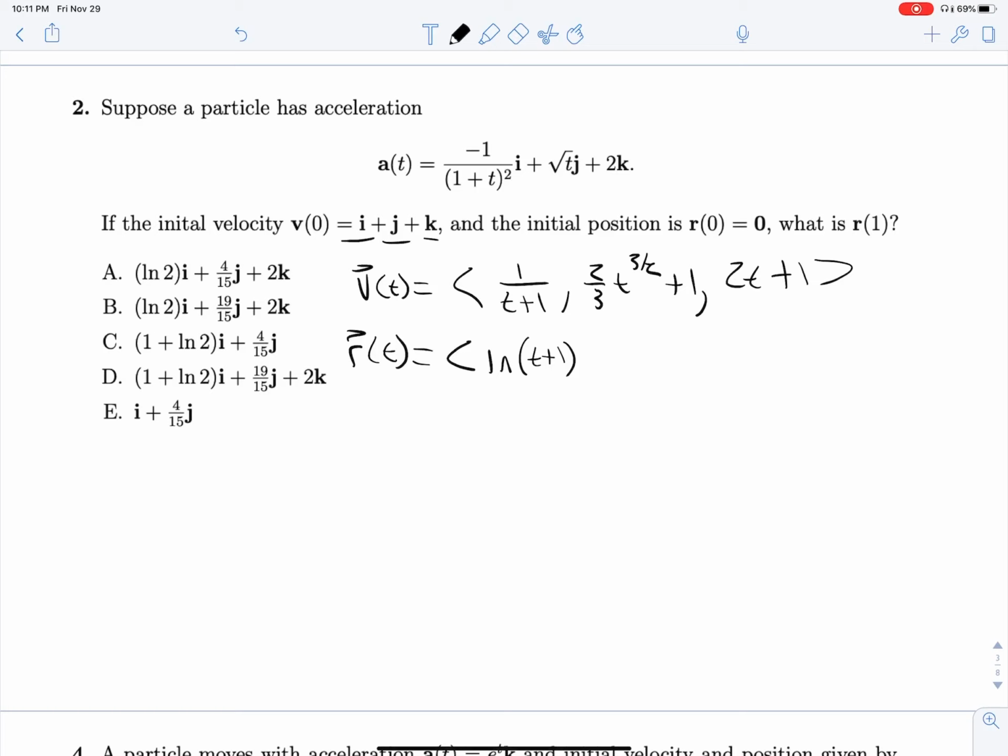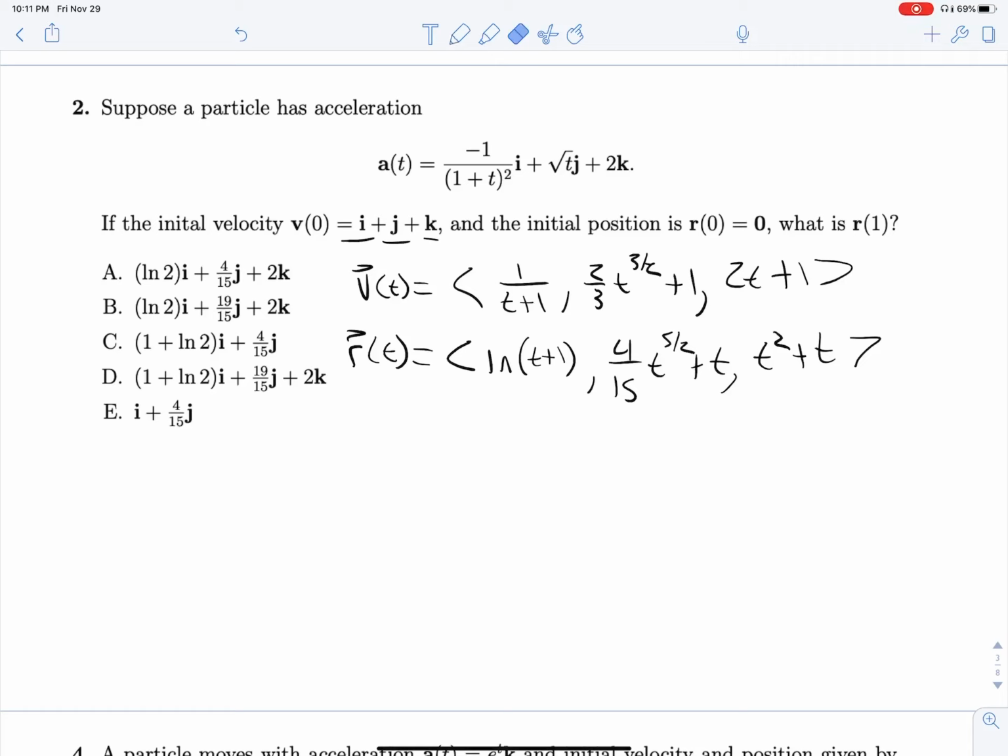Well, for t equal to 0, ln of 1 is just 0, so that matches. And then we are going to have 4/15 t to the 5/2 plus t, which will match this initial value yet again, and then t squared plus t also matches our initial value.